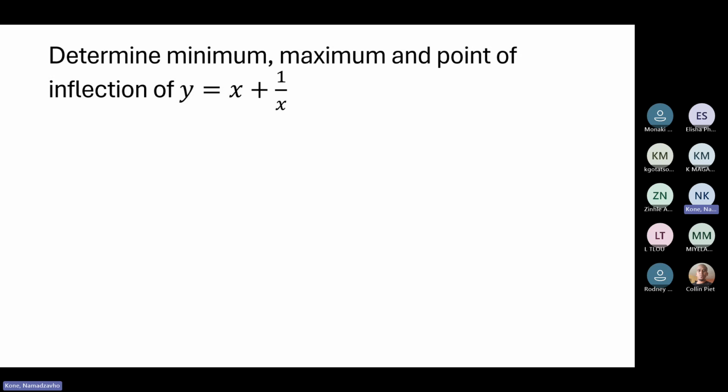So we need to find the minimum point, the maximum point, if they both exist, because there are some functions that may have only the minimum, others will only have the maximum, and then other functions do not have a point of inflection, others do have. So we are going to investigate this function y equals x plus 1 over x, if indeed it does have all the three points.